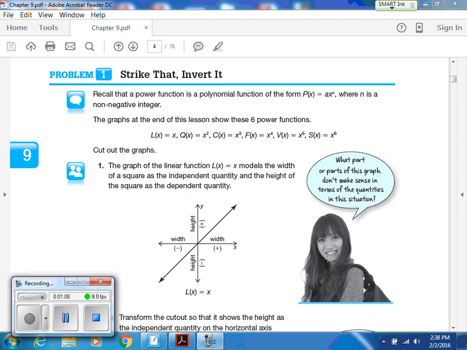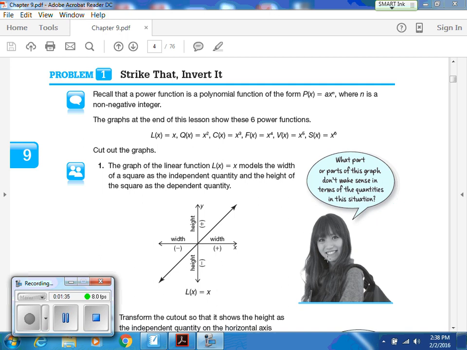Remember we did power functions a while ago, and we talked about the extrema in a power function, and maximums and minimums, and we talked about end behavior. This is page 664. How does an odd function end?